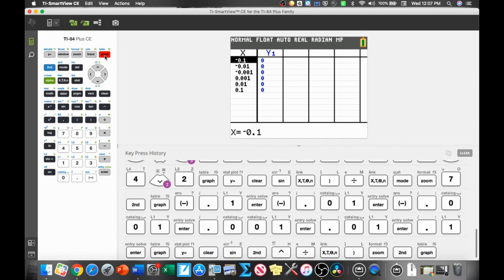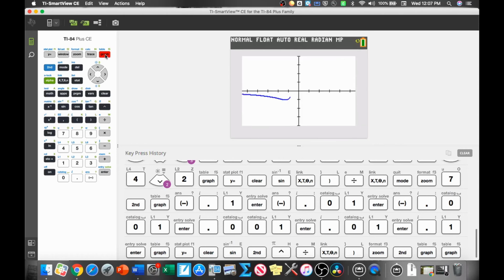So if we graph it, oh, okay, so we've got something crazy going on in here. And if we want, we can zoom in a little bit more and take a look a little bit closer at what's happening here.